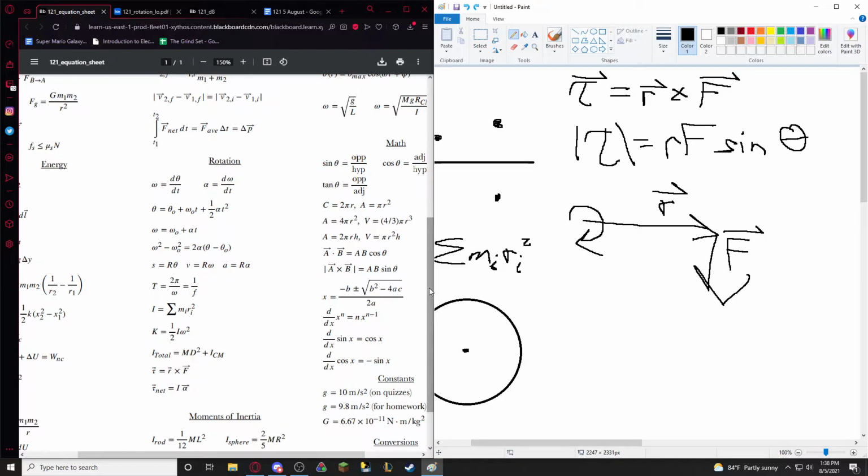It's a bit confusing, and there's a reason why physics doesn't really make much conceptual sense, but essentially all you need to know is R cross F is going to cause a rotation. The rotation is pretty simple to understand. If we pull down, it's going to want to rotate clockwise. If we were pulling up, it would want to rotate counterclockwise. And if we want to find the magnitude, it's R times F times the sine of the angle between them.